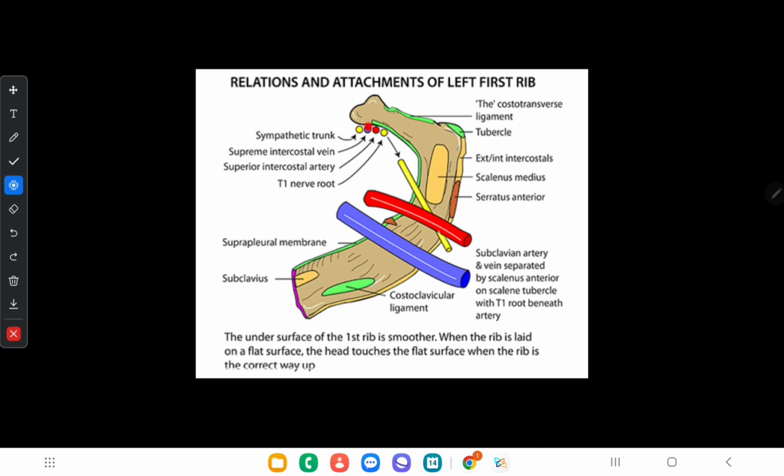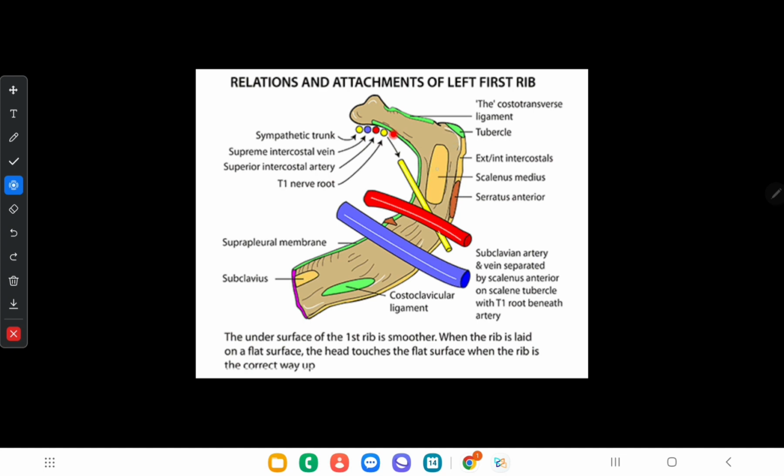On the upper surface, you can see this is the scalene tubercle. The scalene tubercle separates the subclavian vein from the subclavian artery. At the neck level of the first rib, it crosses several structures from medial to lateral: sympathetic trunk, supreme intercostal vein, superior intercostal artery and the T1 nerve root.